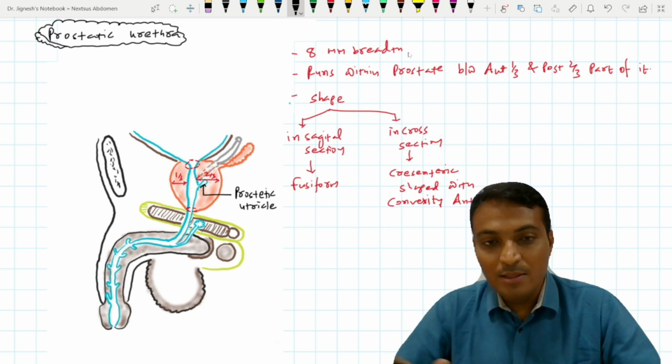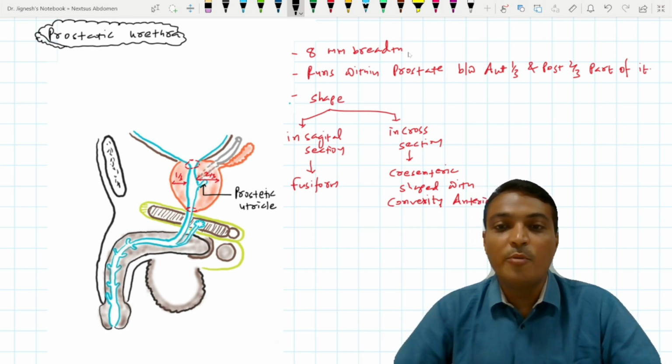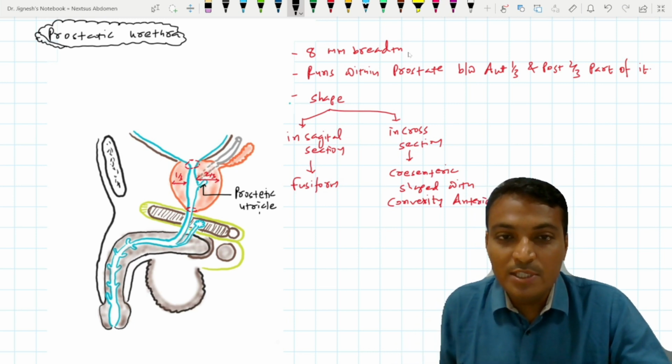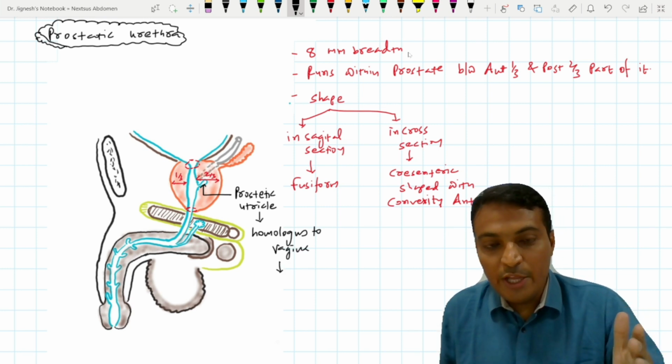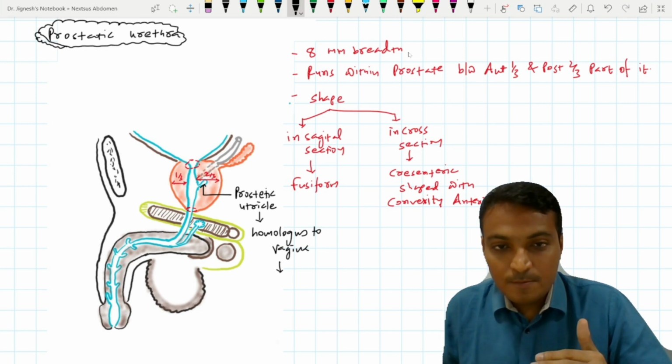In females, the caudal part of the Mullerian ducts gives rise to the formation of the vagina. So the prostatic utricle is homologous to the vagina, and that is the reason why it is also called the vagina masculina.